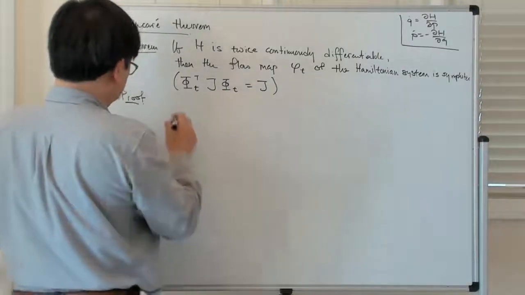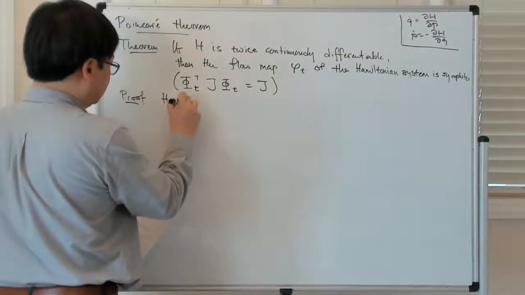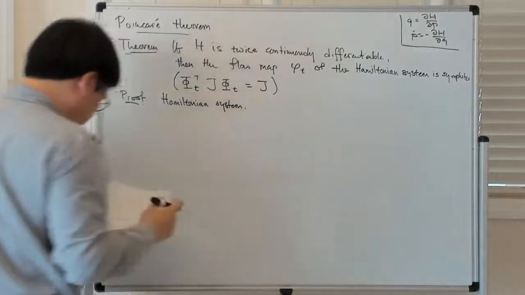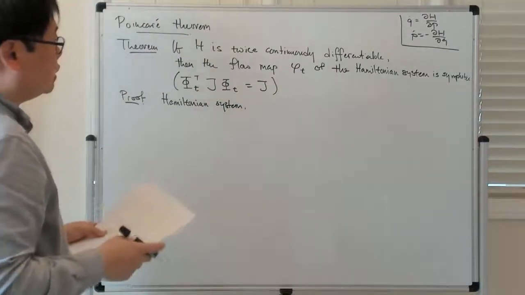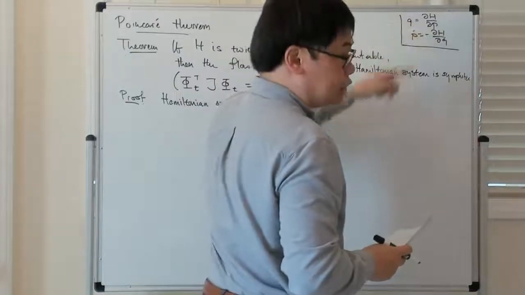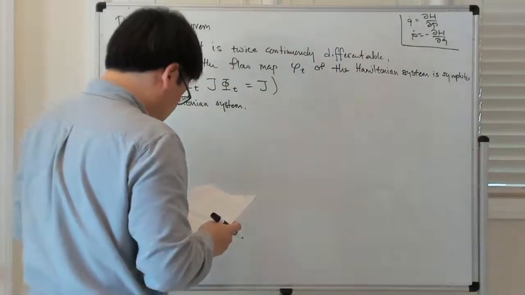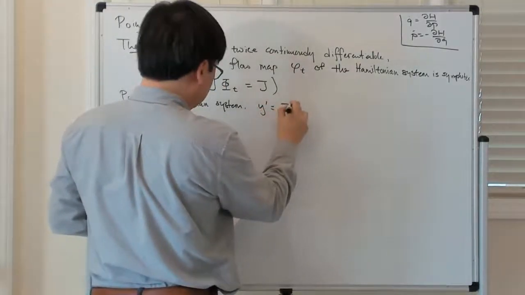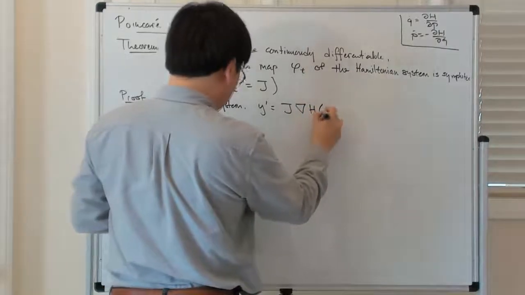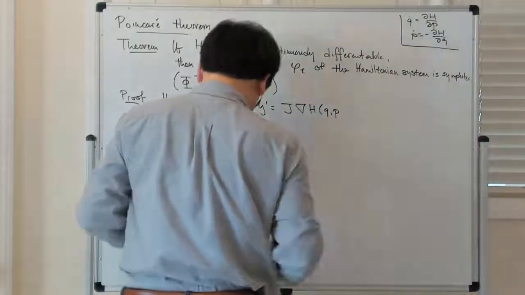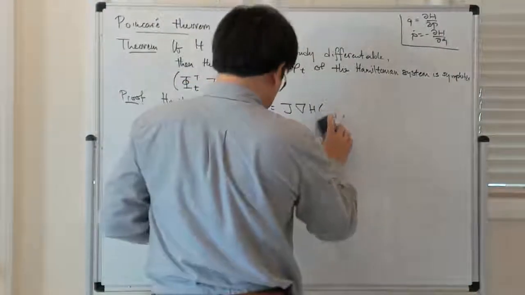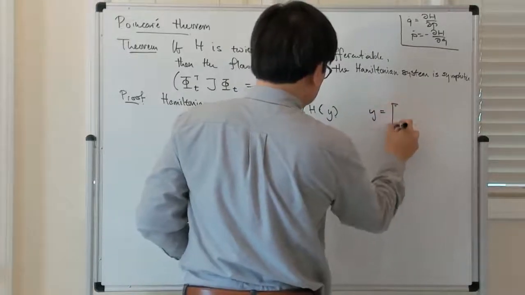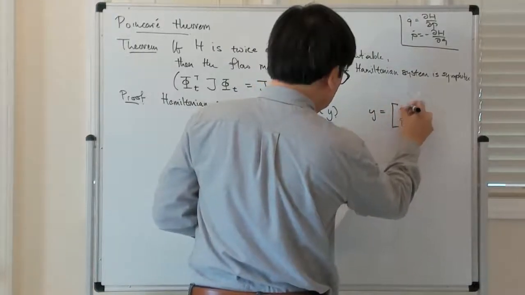All right, so you have a Hamiltonian system. My notation is a little bit different from the textbook because in my notation, position is first and then momentum is second. So y prime is equal to J gradient of the Hamiltonian, depending on y, where y is equal to q and p.